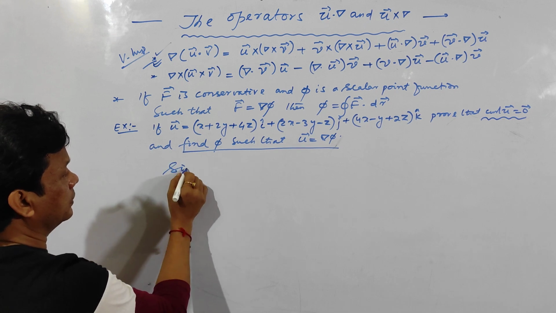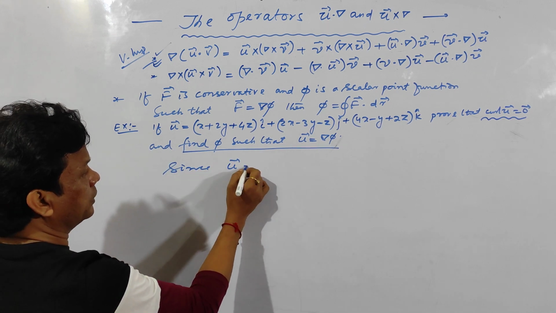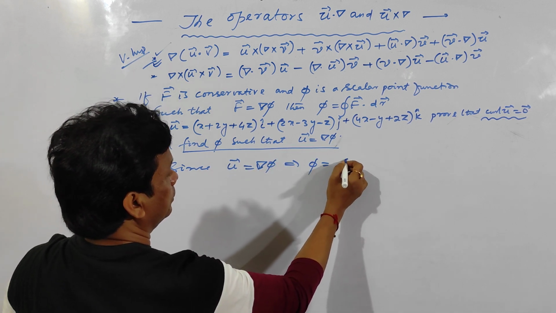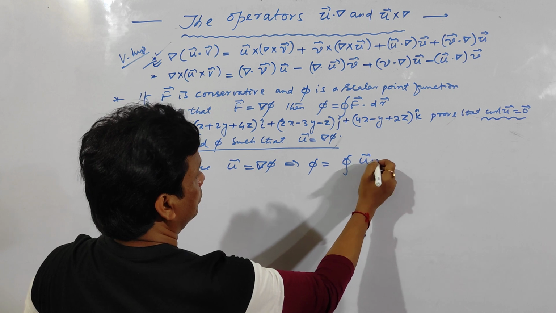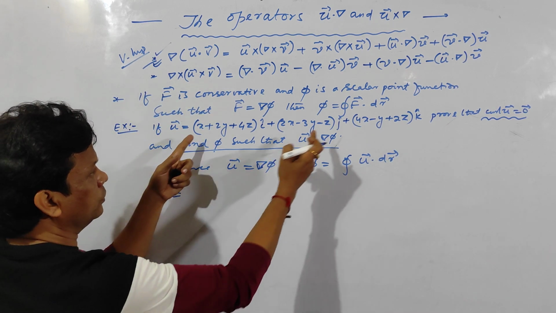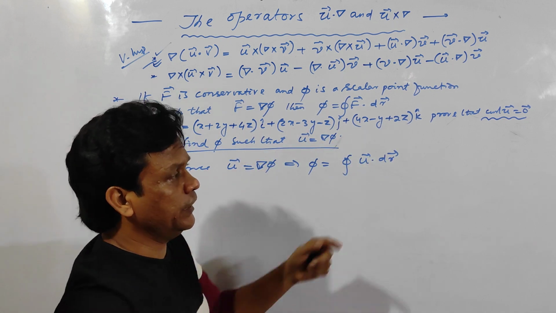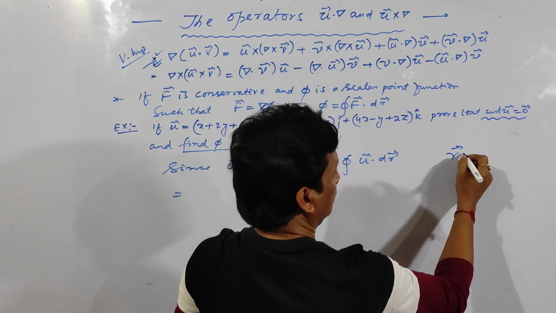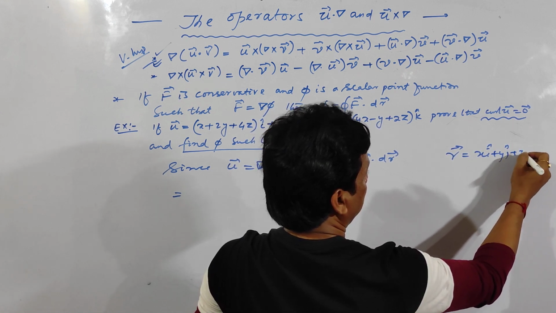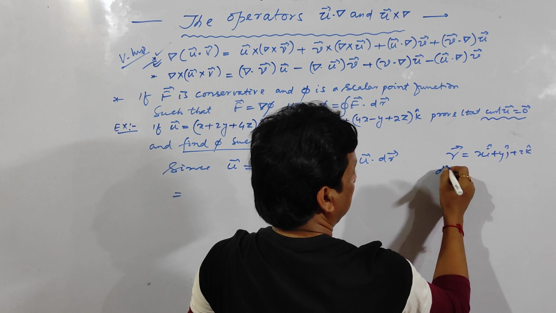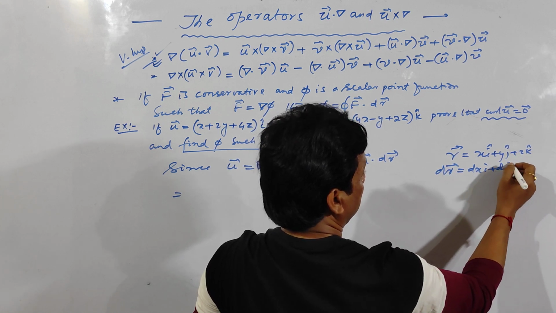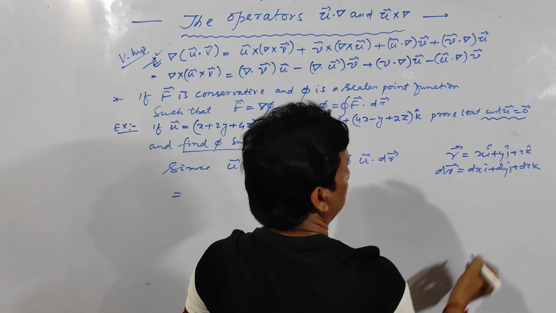Since u vector is equal to grad phi, it implies phi is equal to integration u dot dr vector. And what is u? U is this one. And dot dr vector. See here, r vector is equal to x i cap plus y j cap plus z k cap. So dr vector is equal to dx into i cap plus dy into j cap plus dz into k cap.